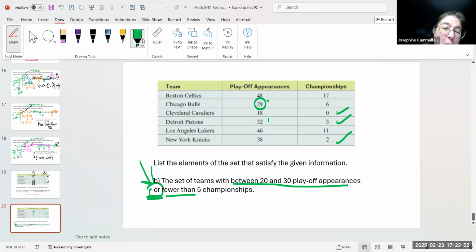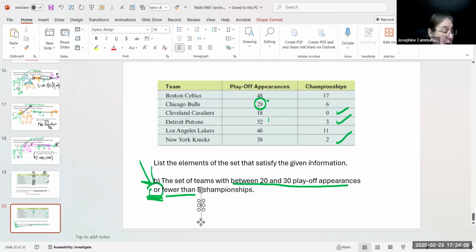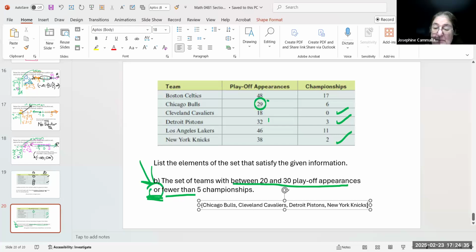This is an OR. Now, an OR is going to put the circle and the checks together, which means that it's the Chicago Bulls, the Cleveland, if I can spell, Cleveland Cavaliers, Detroit Pistons, New York Knicks.